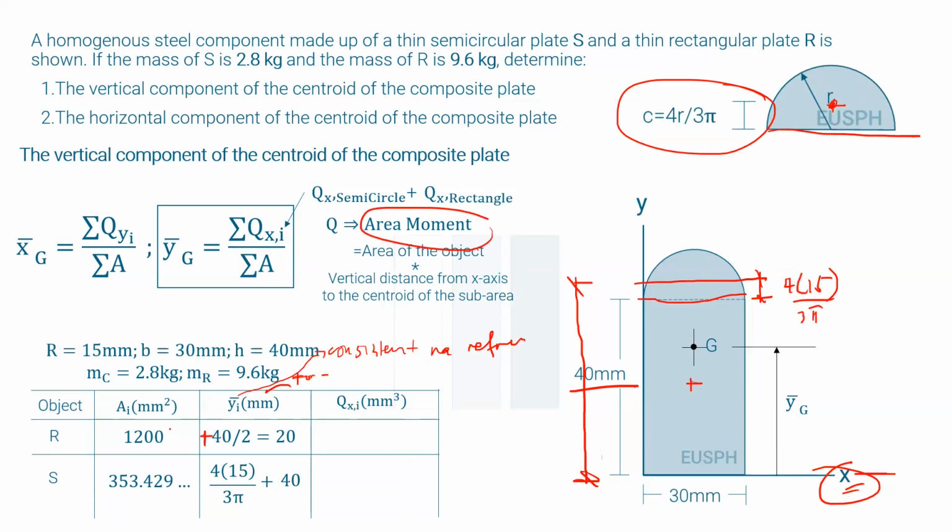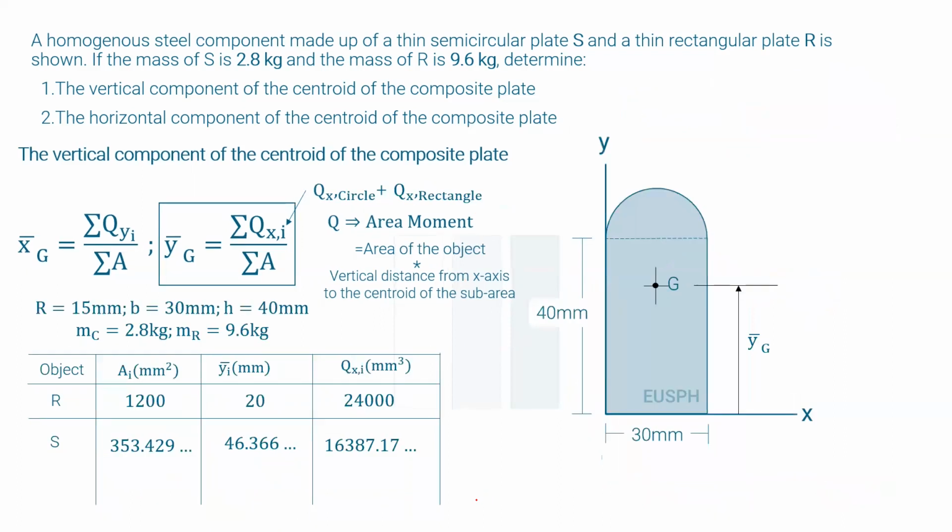So, 1,200 times 20, you have 24,000 plus 350.429 times 46.366, which is the sum of these two. You have 16,387.17, dot, dot, dot. Tapos from there, simple na lang po kasi mag-a-add na lang tayo ng columns.